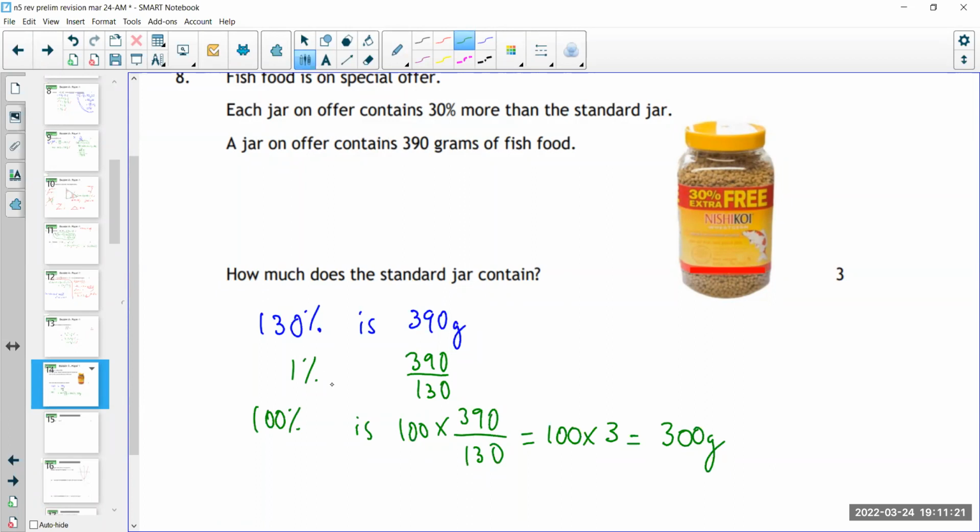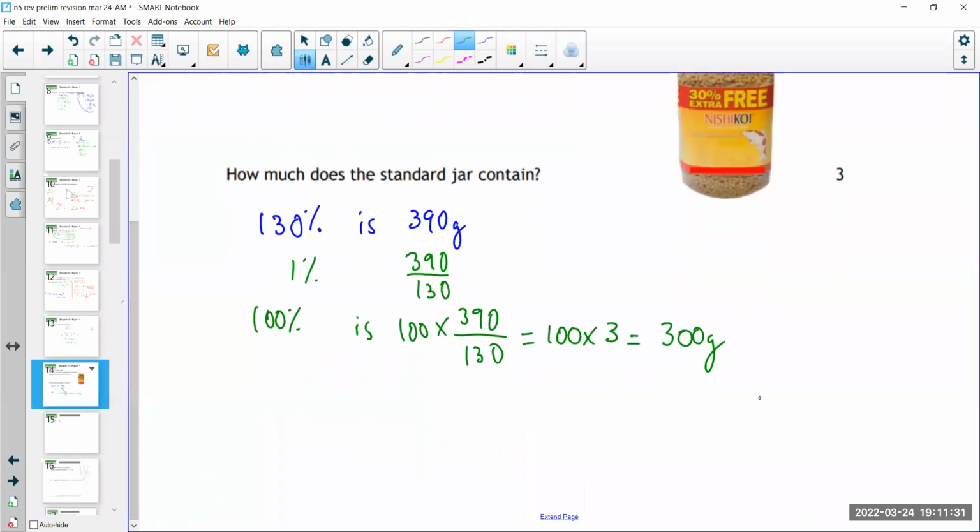Is that the way you would do it? You would say, oh, 130% is this. Some other people would say, oh, the standard plus 30% is the new jar. But you should be able to see that 30% of 300 is 30 plus 30 plus 30, that'd be 90. Your final would be 390.